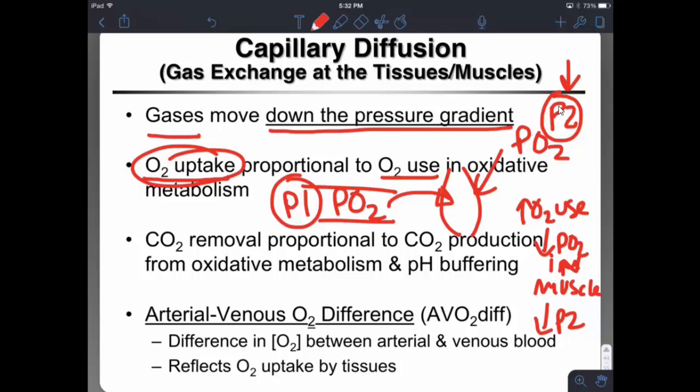Same thing is true for CO2, but everything is in the reverse direction. So CO2 removal from the muscle is going to be in proportion to CO2 production.